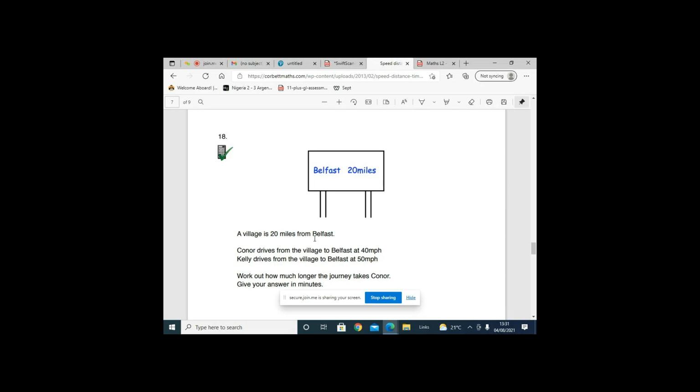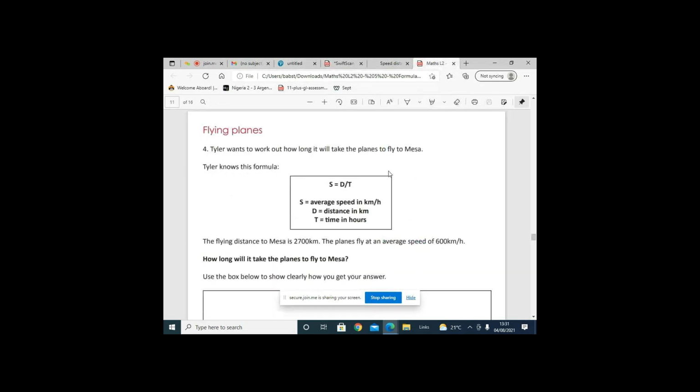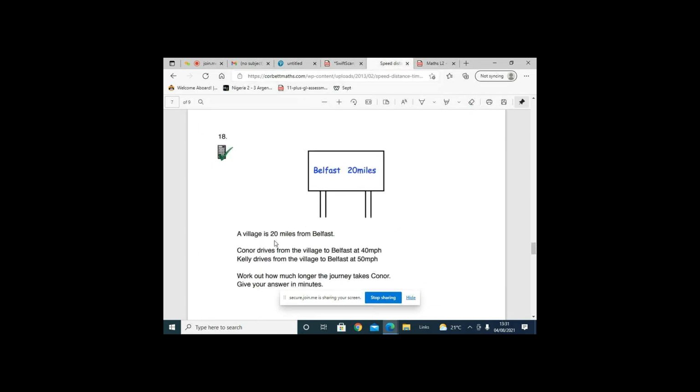Work out how much longer it took Connor to drive, in minutes. So you have to calculate the time for each of them. Time equals distance divided by speed. The distance is 20 miles and the speed is 40 miles per hour.